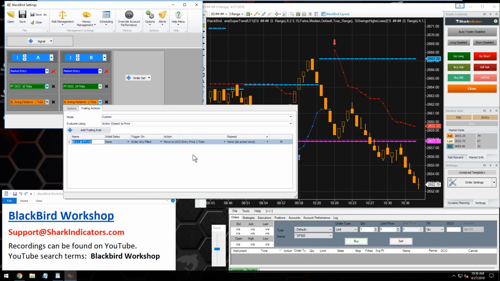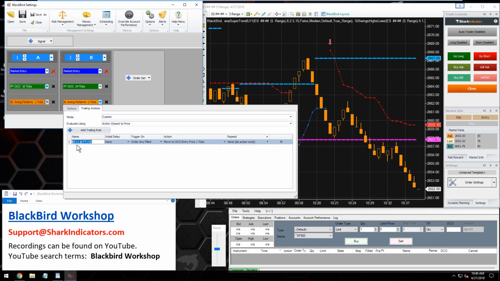The way you can tell if a rule is a trailing rule, as we typically think of trailing, is you just look at the repeat. If the repeat is none, then you could say that it's not a continuous trailing.